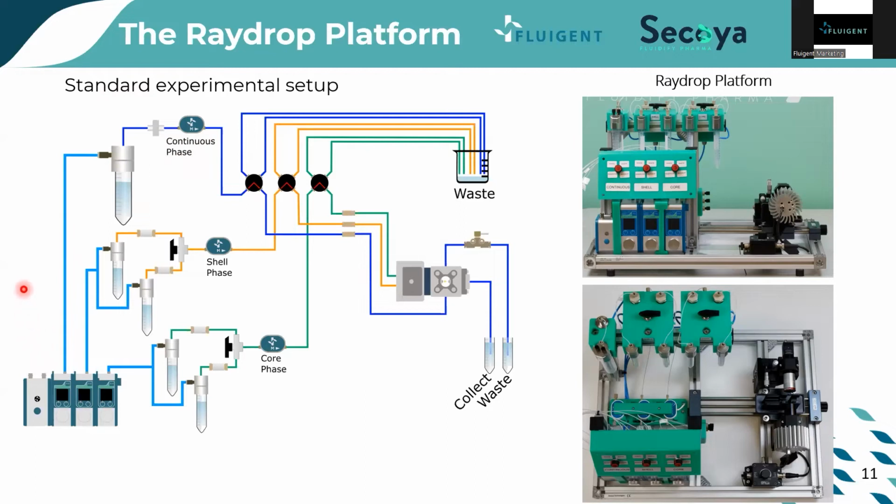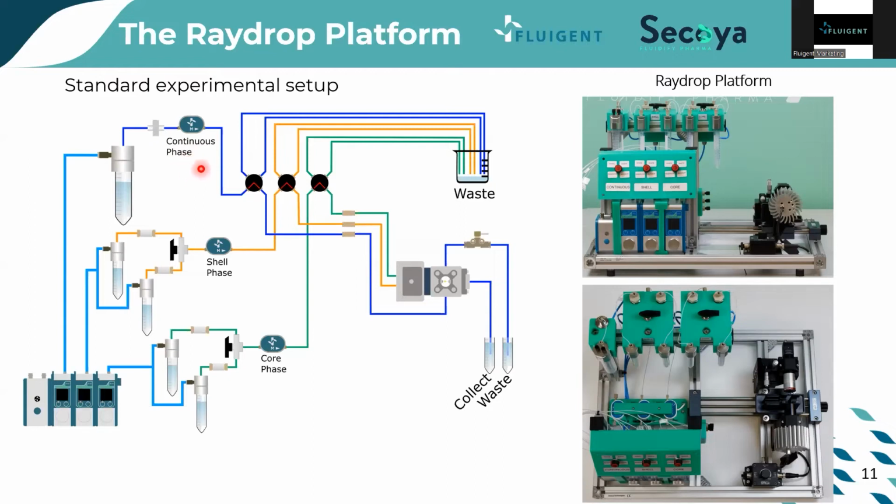Thanks to an algorithm that we developed, the flow rate will be increased or decreased according to the value that we want to achieve, and the pressure, as it's directly linked to this flow rate, will do the same thing.